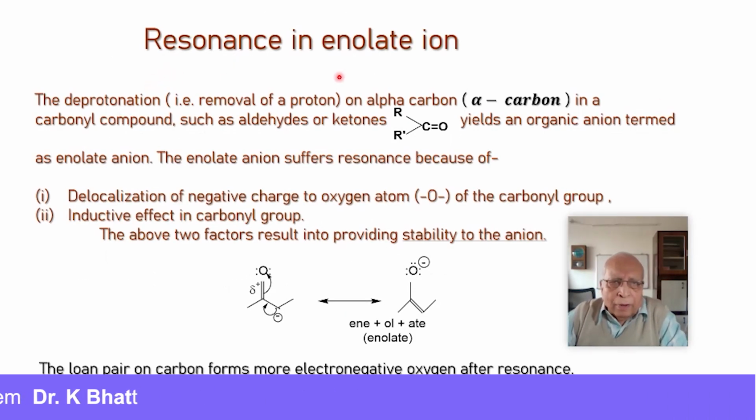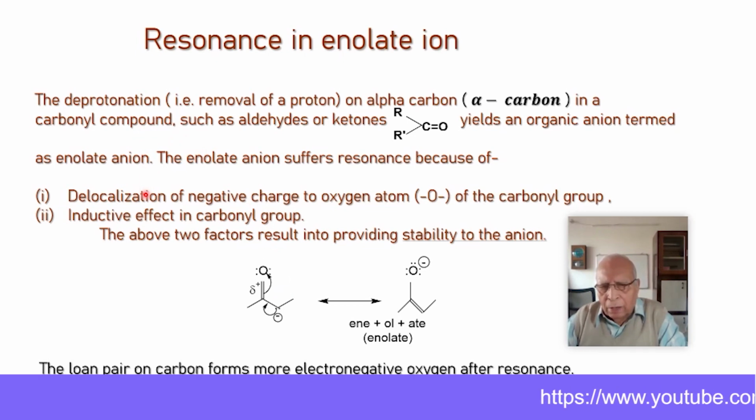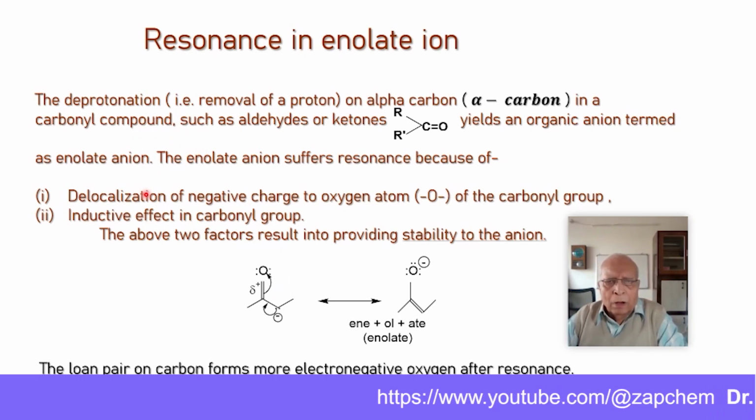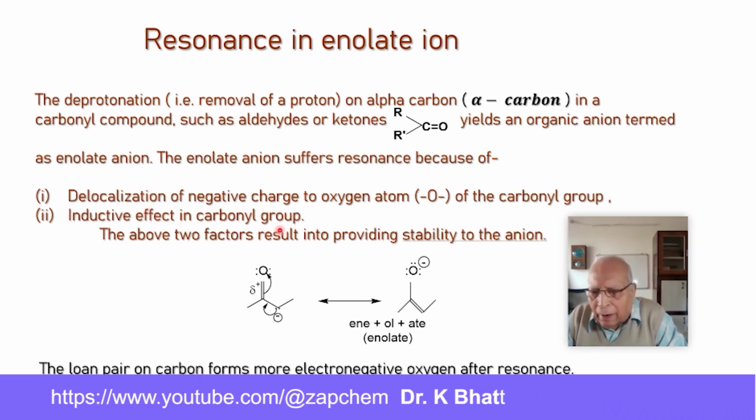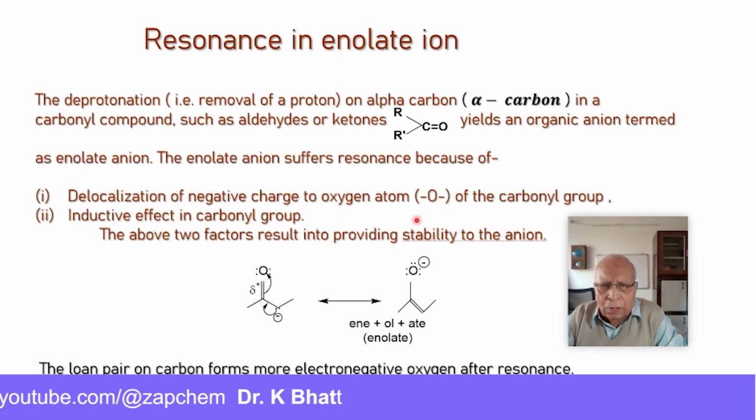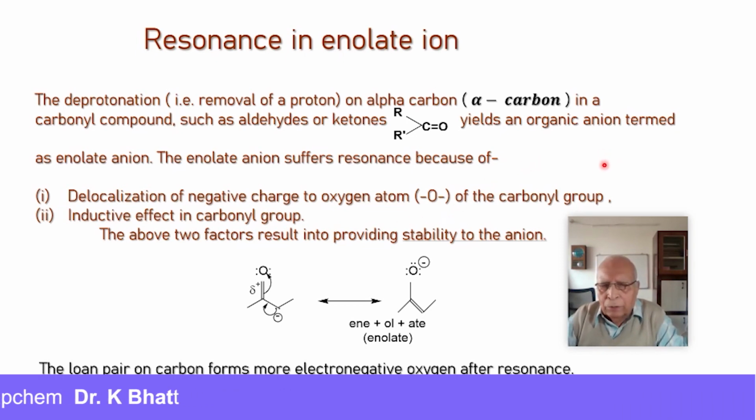Okay. Then next, a very important characteristic is the resonance in enolates. Deprotonation means the removal of the proton on the alpha carbon atom in a carbonyl compound such as an aldehyde or ketone, which yields an organic anion termed the enolate ion. We have already explained this. And why does this occur?